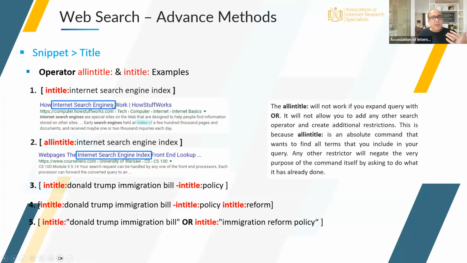So if you want the results to include all of these words in the title part, you will do all in title. When in title is executed, it drops the word index. It is not forced.